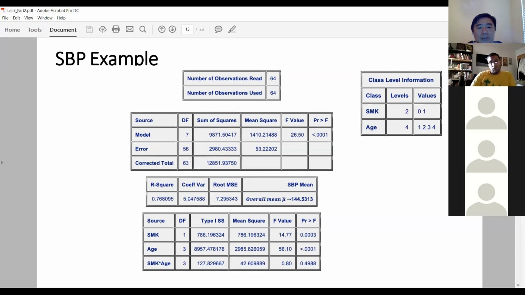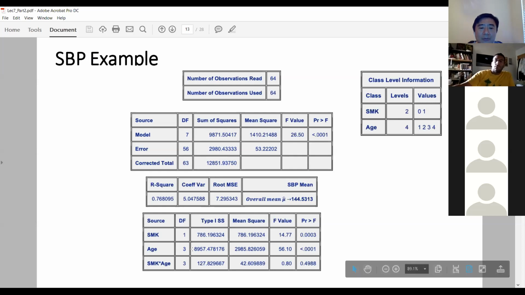The error term is everything you tease out when you partition the sum of squares into the sum of squares explained by the whole model and the sum of squares that cannot be explained, which is the error term. And then you only have one F value in that case. So that's the F test for the model as a whole with all the 7 degrees of freedom.